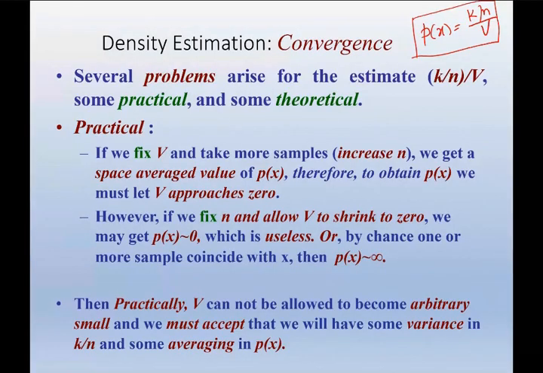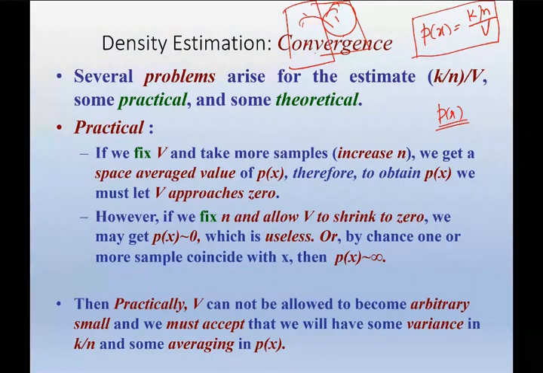That means if I keep increasing the number of samples with a fixed region, then this estimation of p of x will be the average value of the actual p of x. So therefore, to obtain p of x, we must shrink the volume.